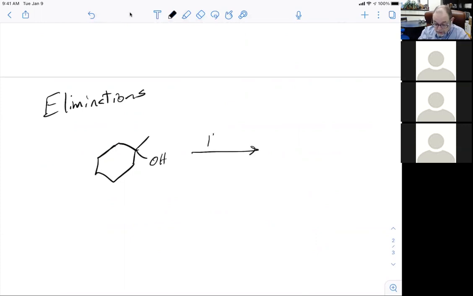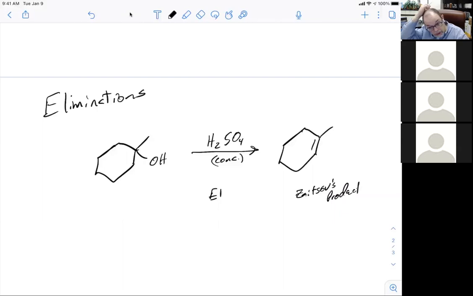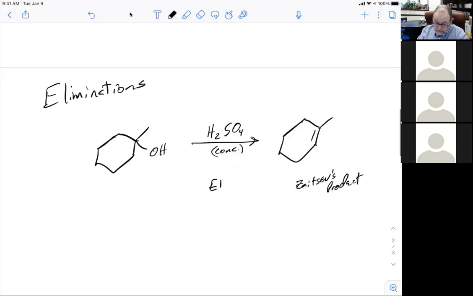And if we use concentrated H2SO4, we can get an E1 type elimination, right, to give us the Zaitsev product. And of course, in E1, the Zaitsev is going to be favored. So that's going to be your major product.